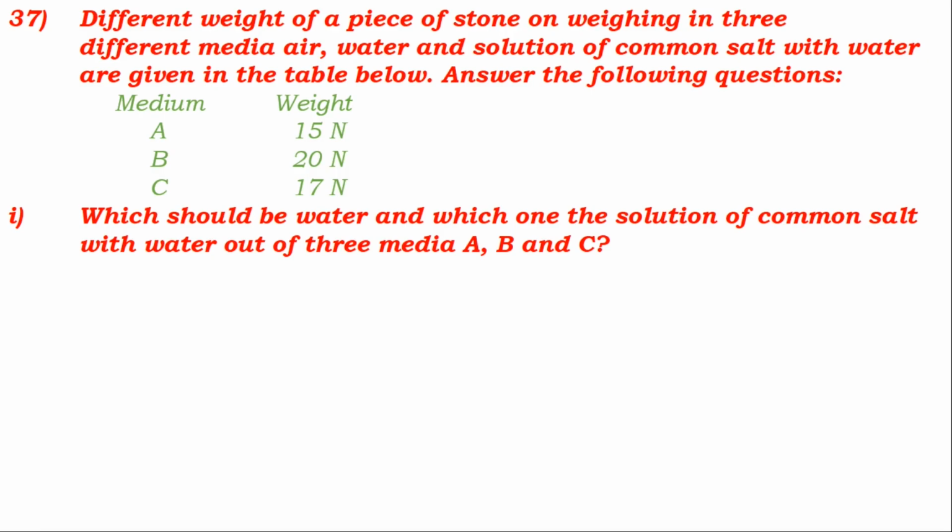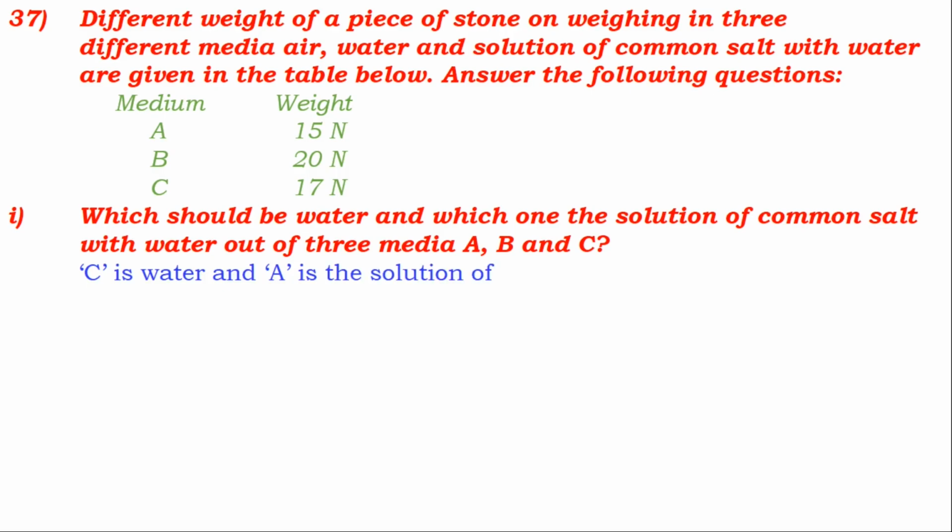A body weighs very high in air, but it will weigh less in water because water exerts an upthrust greater than air, and it weighs even less in a saturated solution or solution of salt, because the solution of salt exerts more upthrust as its density is more. So we can answer this way.